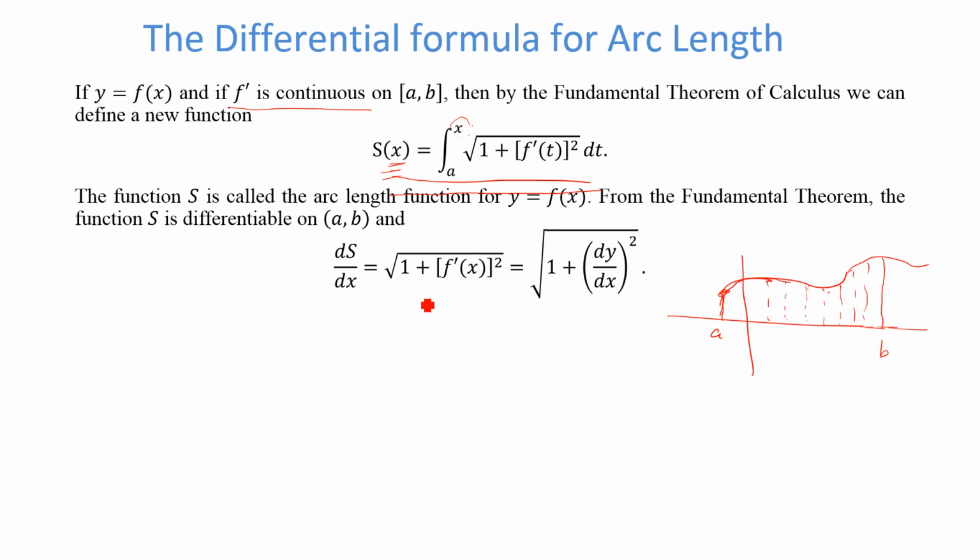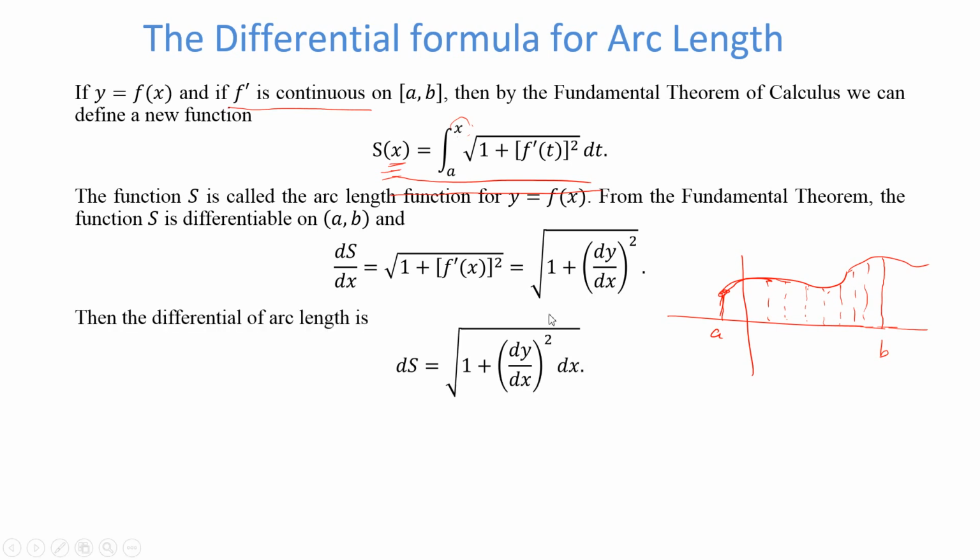So ds/dx is equal to the square root of 1 plus f prime(x) squared, which is equal to the square root of 1 plus (dy/dx) squared. This is what we discussed in the last slide. From here we have ds equal to the square root of 1 plus (dy/dx) squared times dx.